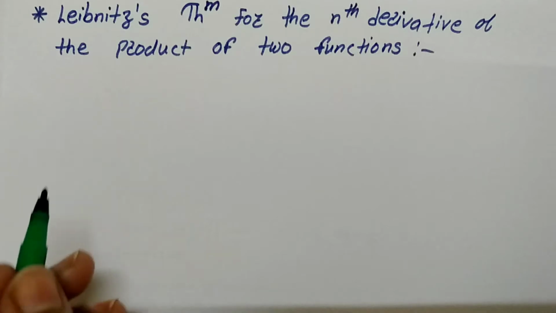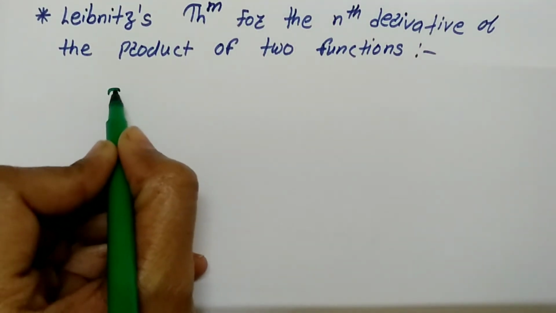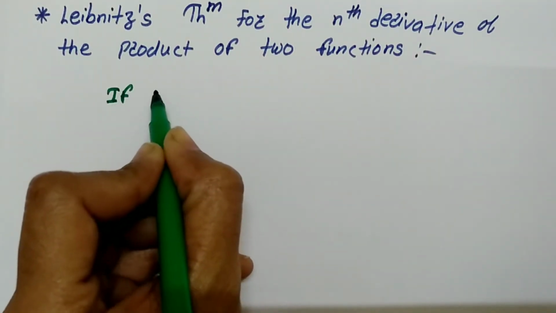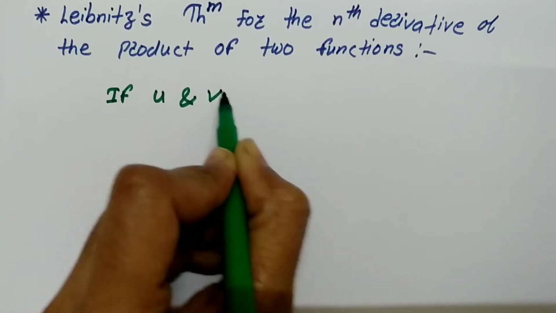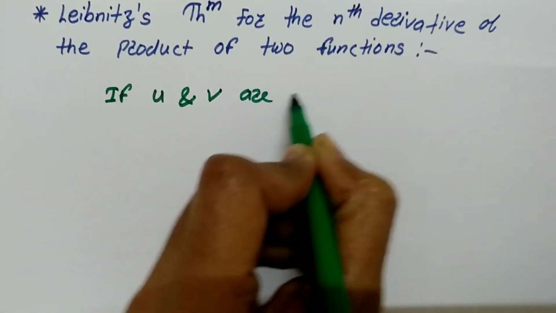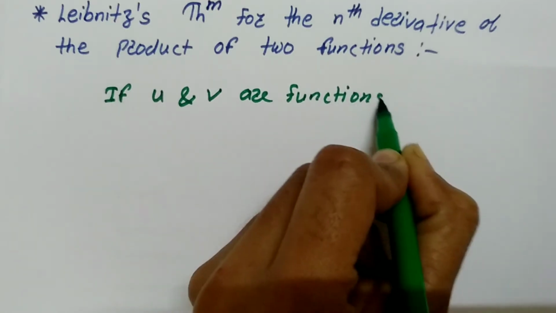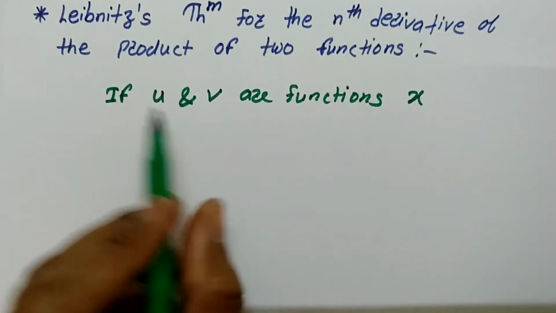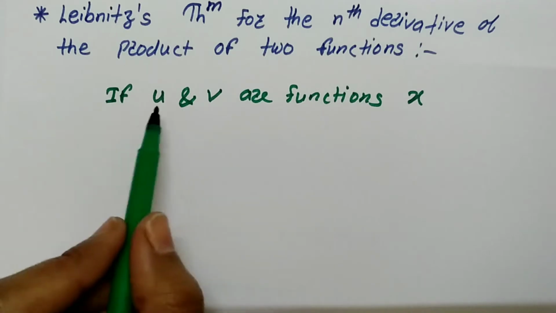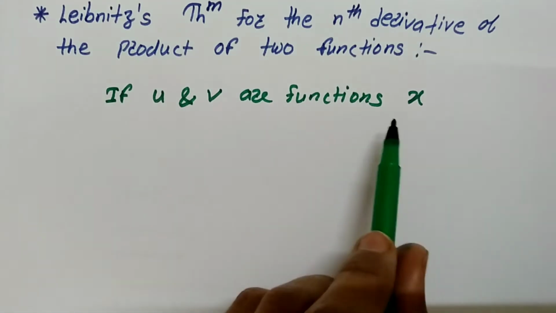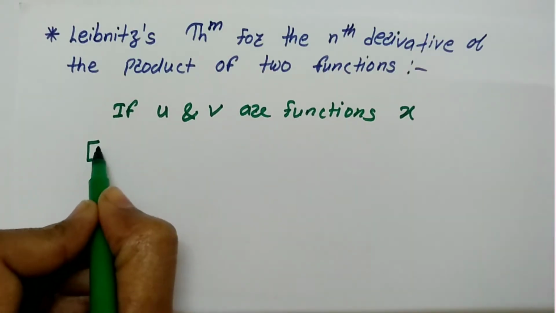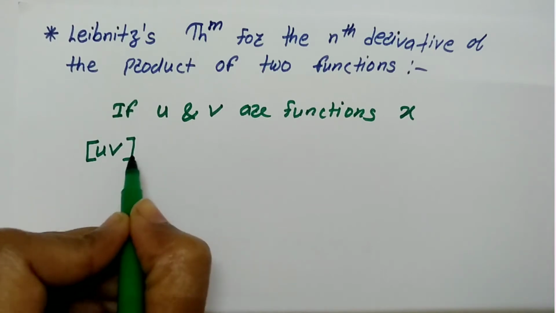Here, the statement is, suppose we are given two functions u and v, which are functions of x, and we want to find the nth derivative of u into v.